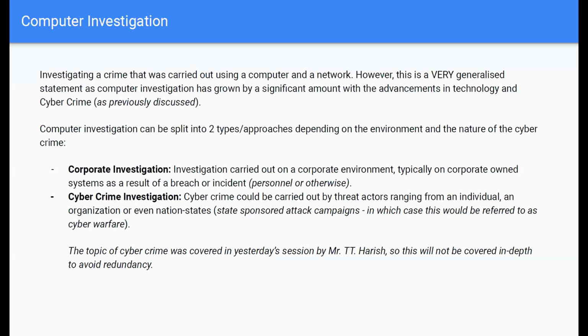Any type of investigation that's carried out within Microsoft as a result of, let's say, an employee breaching company policy, for example, if they send out confidential information to their personal email, then that investigation would be dictated by the digital investigation procedure that Microsoft has defined within their company.